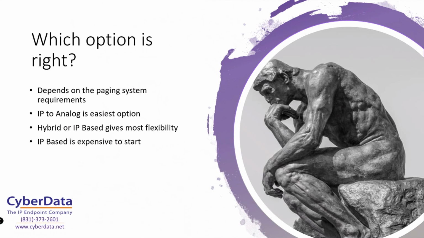So at the end of the day, which option is right? Well, to be honest, it really depends on the requirements of the particular paging system. The existing analog infrastructure might not be capable of providing the new requirements of the paging system, so that might completely rule out an IP to analog based option.